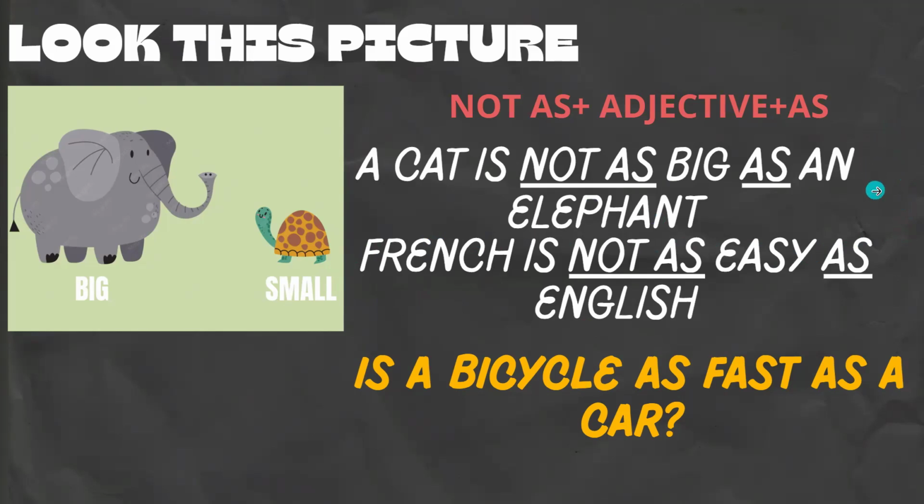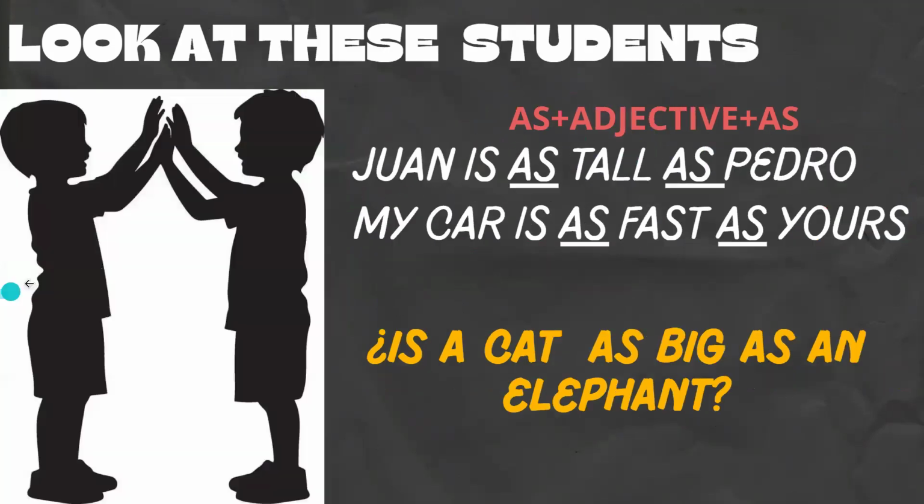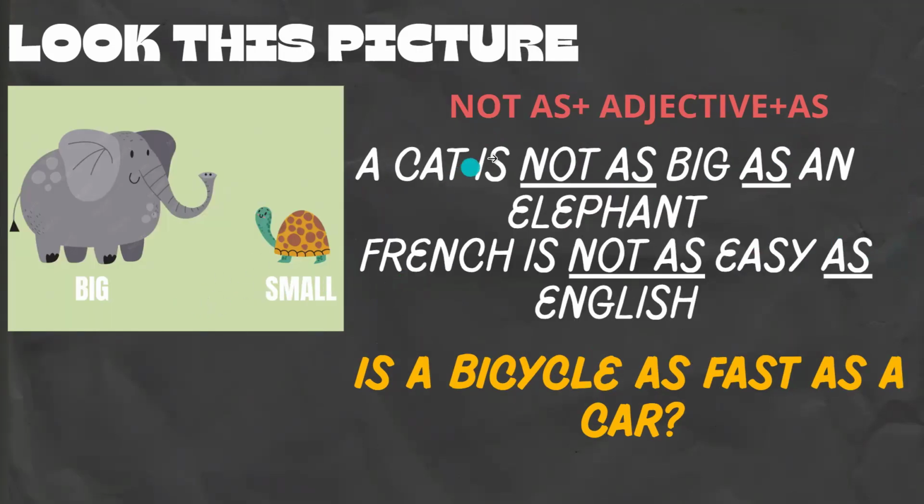Okay, Randall, can you tell me what you think about this form? I mean, it's different from the first one. Yes, it's different because the structure adds a negative element, the not, to deny a quality.